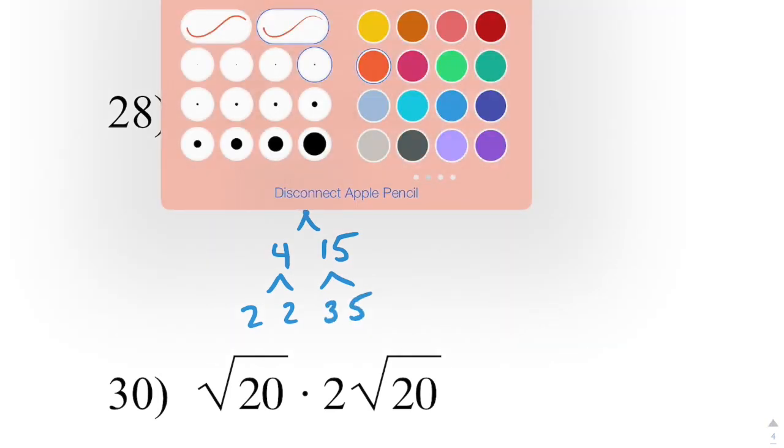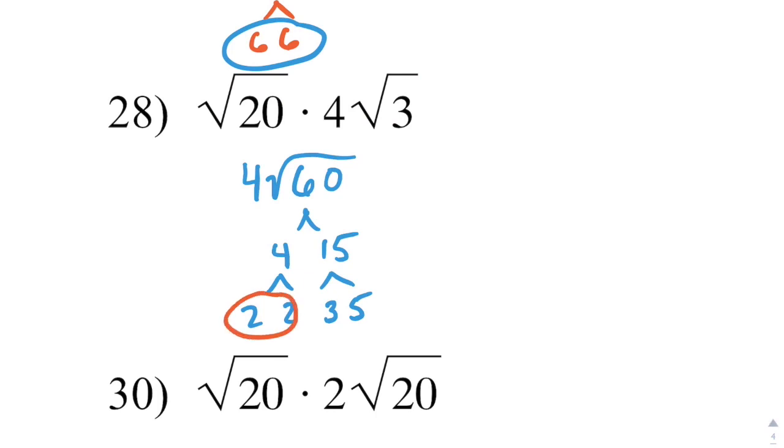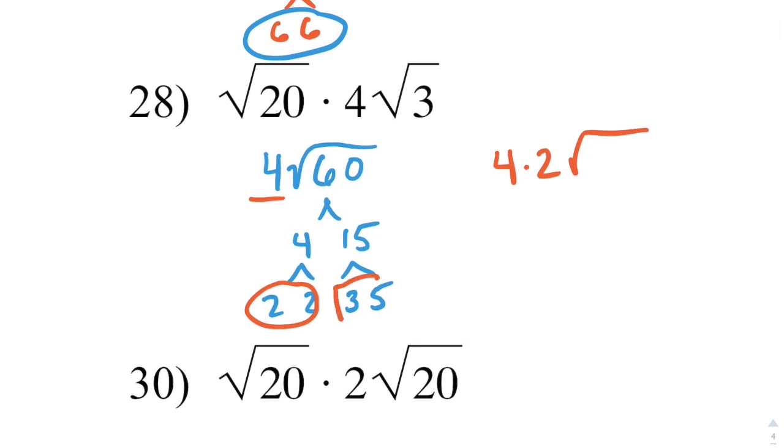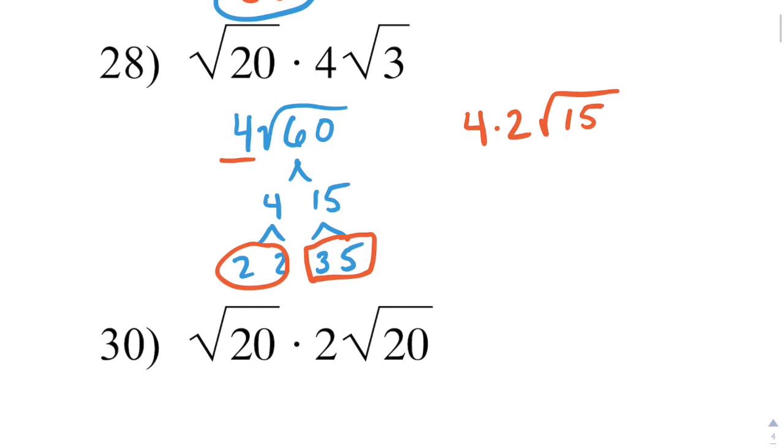Looks like the only thing we have in common are the 2's. Don't forget your original 4 out front. So we have 4 square roots of 60 ends up being equivalent to 4 times 2 square root of, looks like 15 is left over. 5 times 3 is 15. So it's 8 square roots of 15.